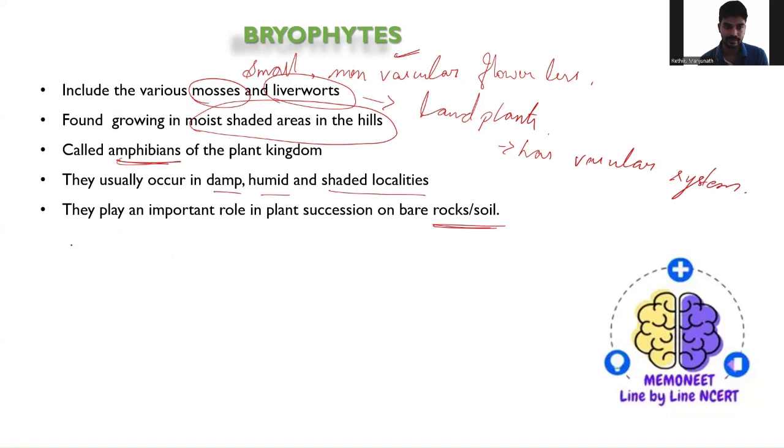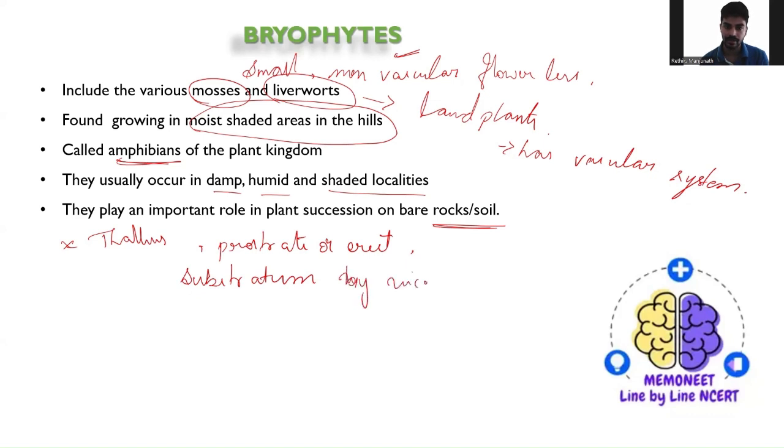It is thallus-like, and prostrate or somewhat erect, and they normally attach to the substratum by either unicellular or multicellular rhizoids.